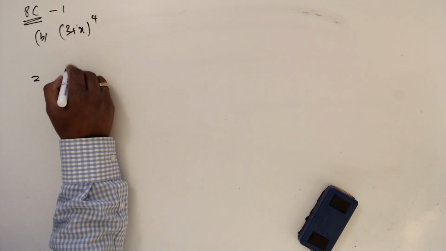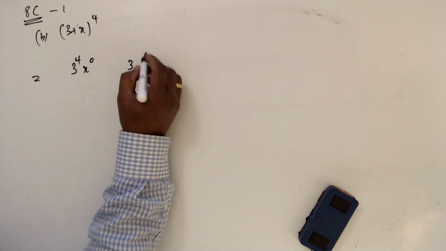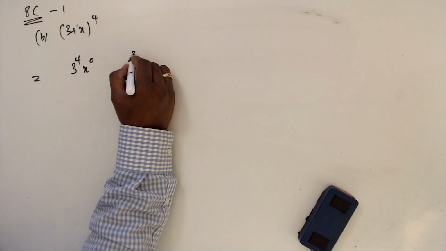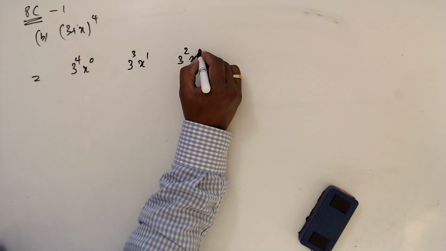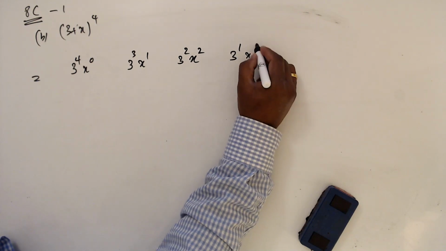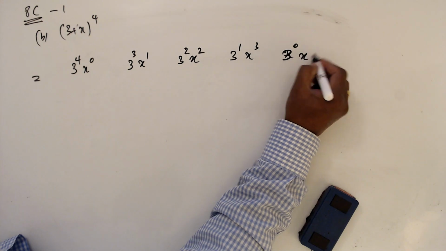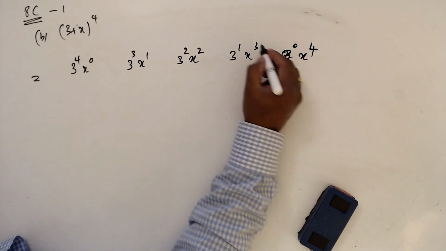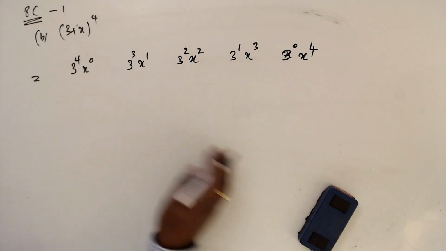This is going to start 3, 4x0, 3, 3x1, 3 square x2, 3, 1 x3, 3, 3, 0 x. 1, 2, 3, 4, 5. Yes, 4 plus 1 terms.